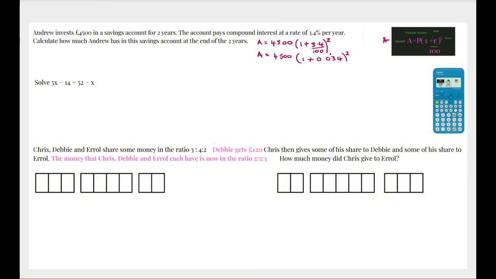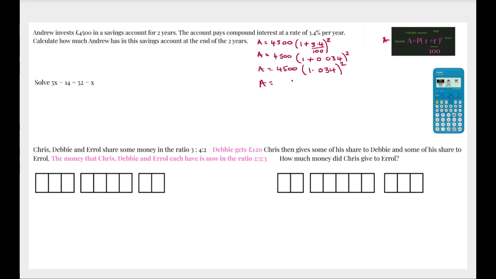So I've sorted out the middle of the brackets. So if we just put all that together. Make sure you leave plenty of room when you're doing this in your book.